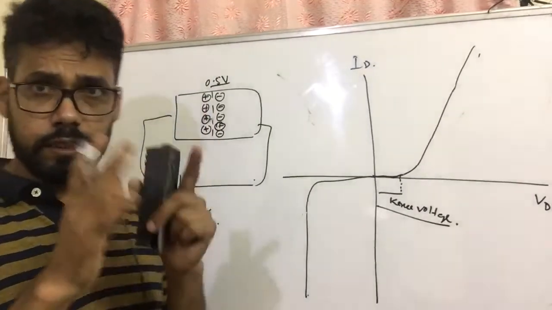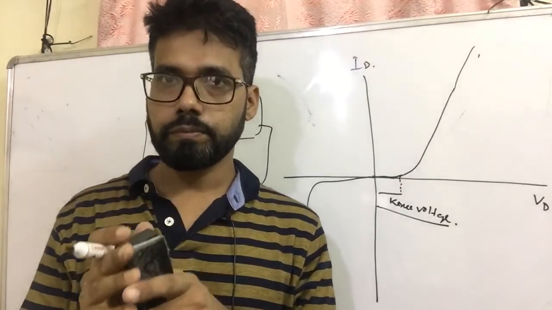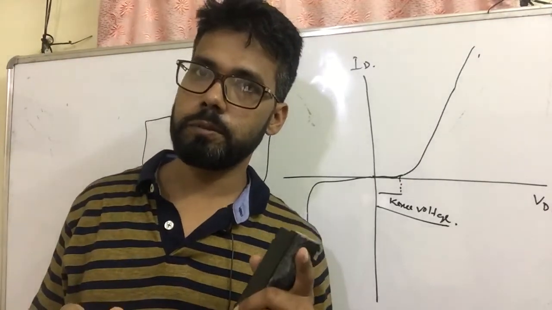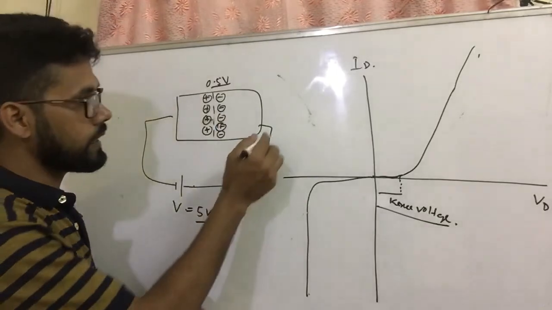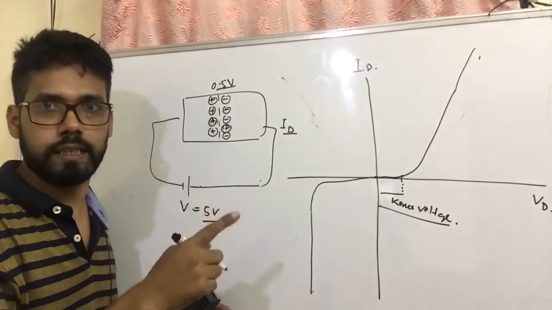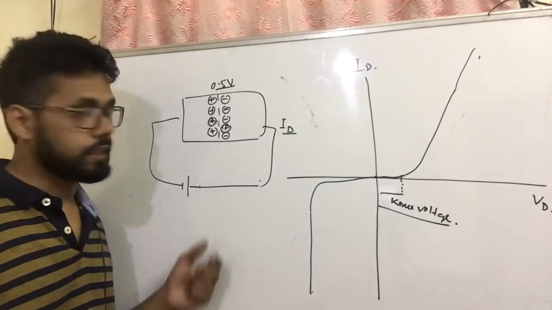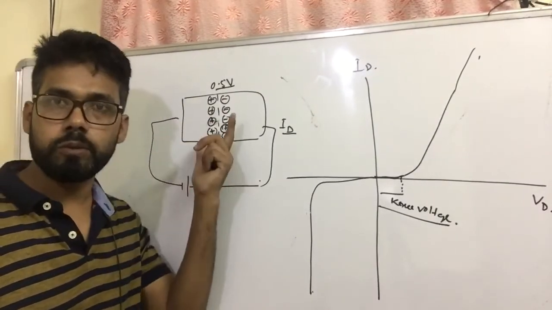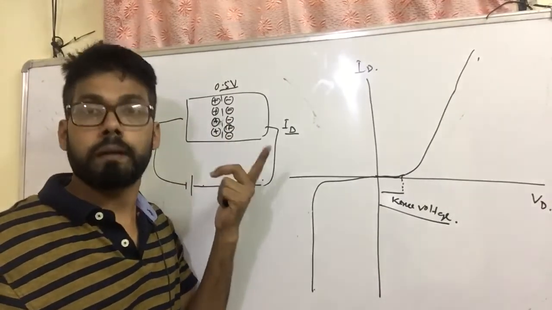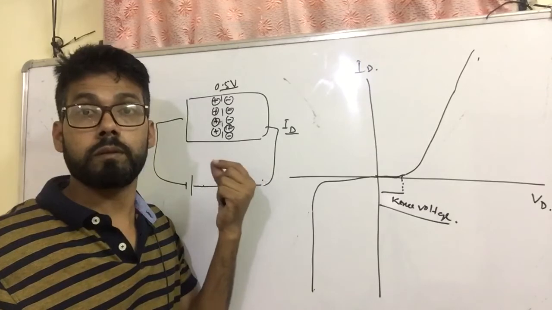This will generate 0.5 volt, suppose. Then you have to apply, suppose you want to get an output current ID at the output terminal, you have to apply voltage beyond 0.5 volt. Up to 0.5 volt, it will nullify. It will oppose the movement of current.